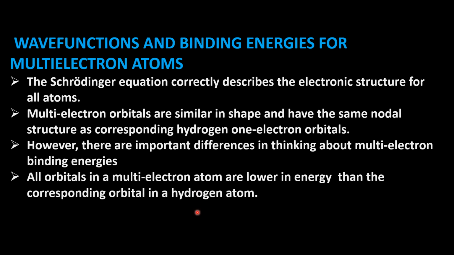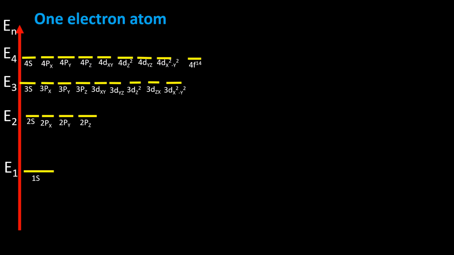All orbitals in multi-electron atoms are lower in energy than the corresponding orbitals in the hydrogen atom, as we have already discussed the energy levels of the hydrogen atom. Here we have the one-electron system, the hydrogen atom.